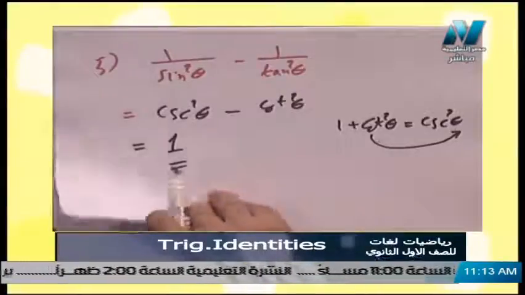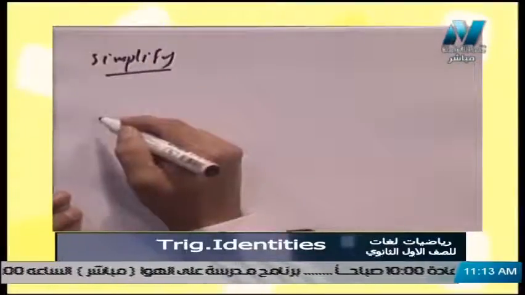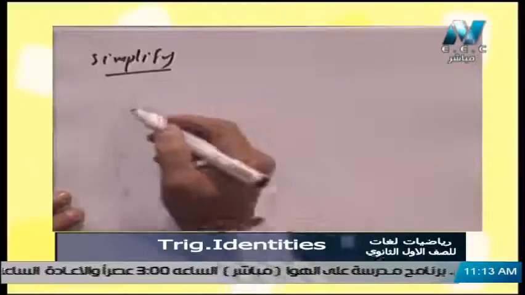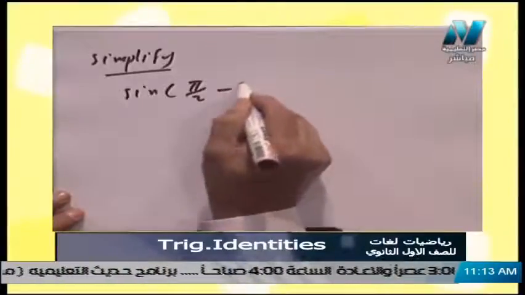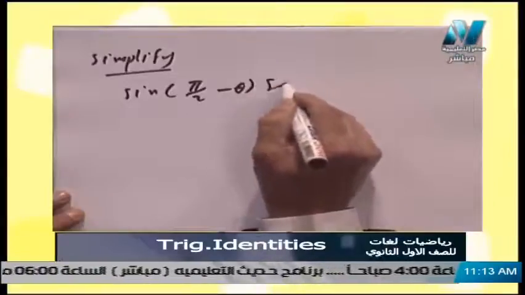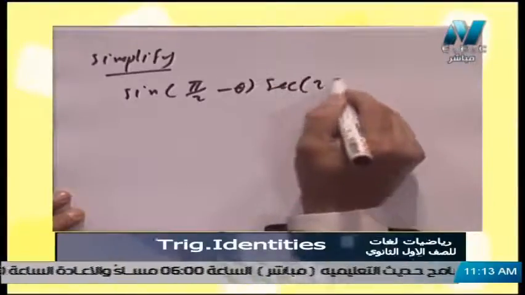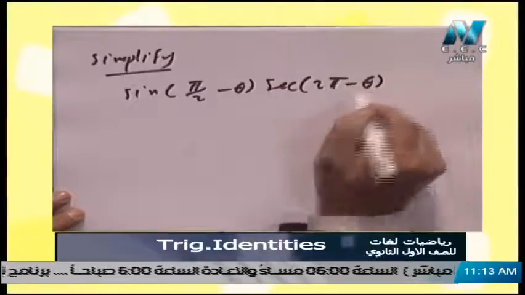Let's go to another example to simplify. We have sine pi over 2 minus theta times sec 2 pi minus theta.